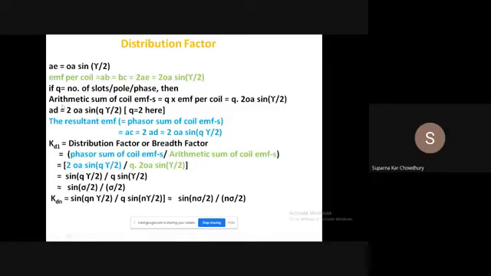Now if Q is the number of slots per pole per phase, here this Q is 2. I have taken 2 slots per pole per phase to make a winding, because what I have drawn is a 2-pole winding. So the arithmetic sum of the coil EMF is equal to Q into EMF per coil, so Q into twice OA sine of gamma by 2.